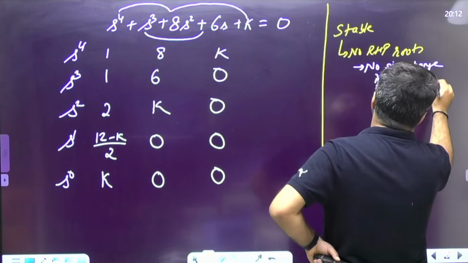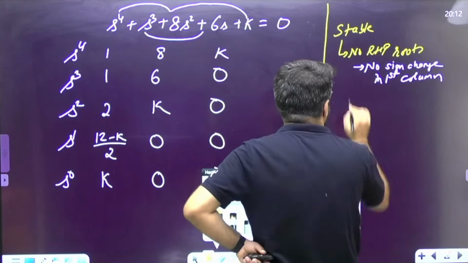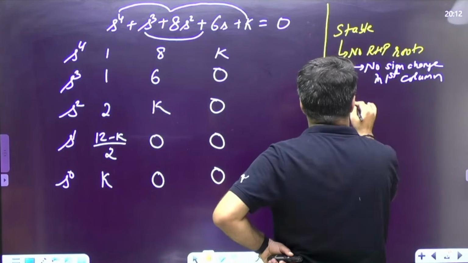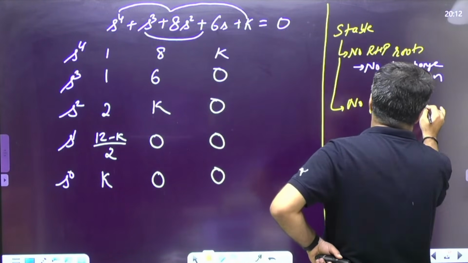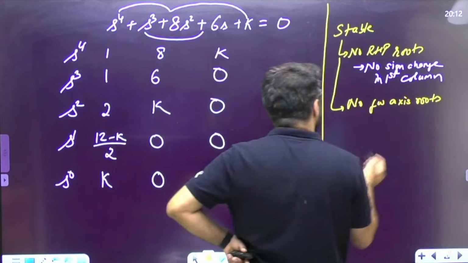The number of sign changes in the first column is the number of RHP roots. You also want no j omega axis roots because that makes the system oscillatory.